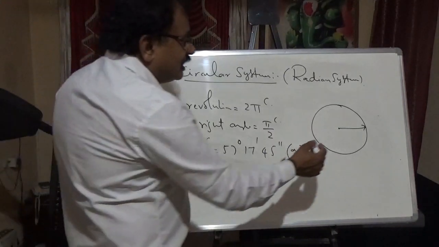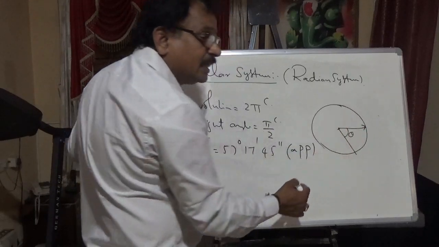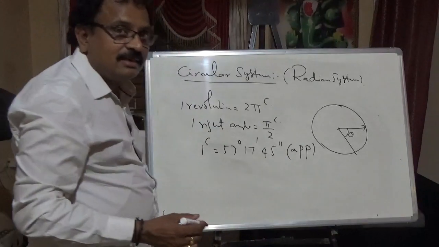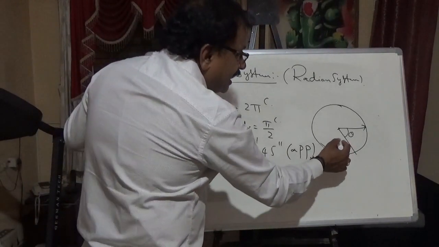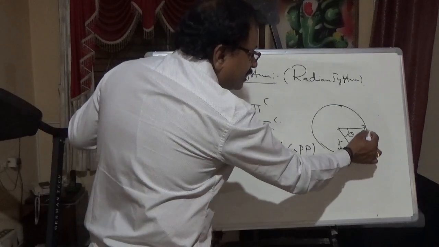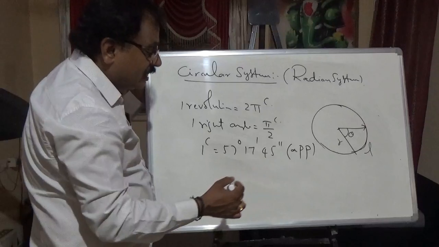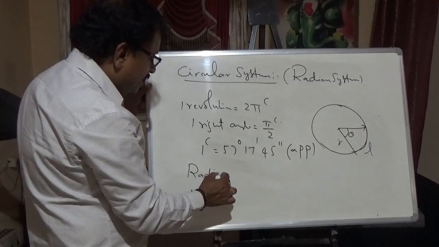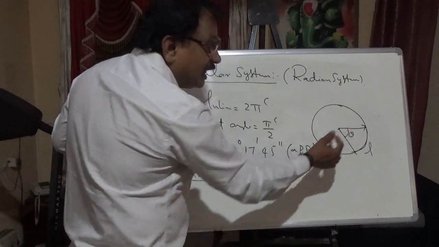In this system, this is the angle and this part is called sector. This is radius, this is length of arc, from here to here. Now I am going to define the radian. First of all, you need to understand the relation between L, R and theta.